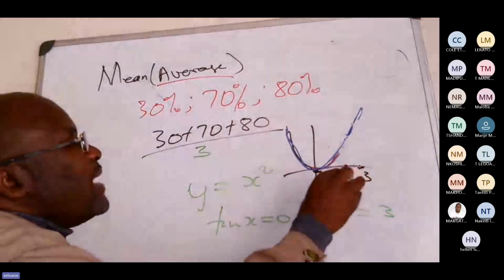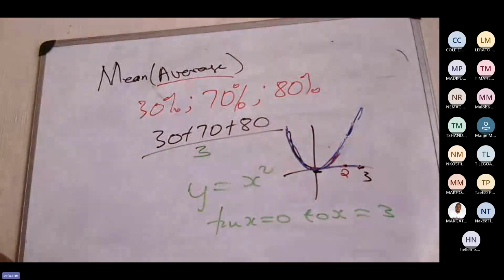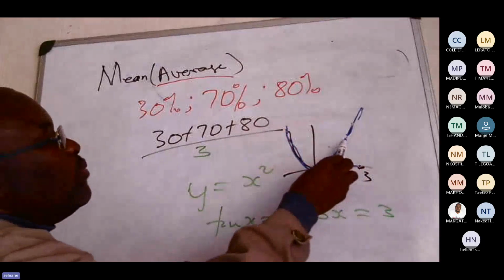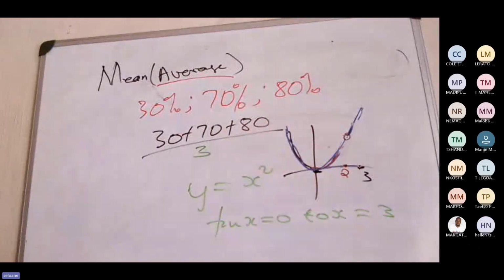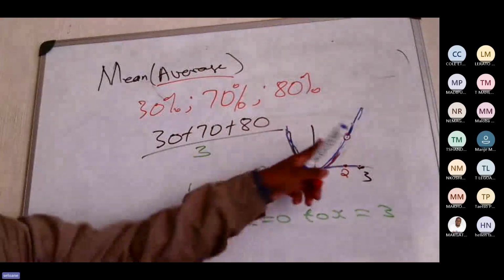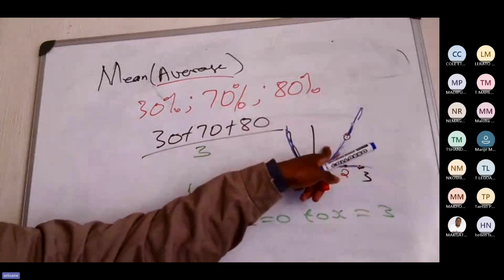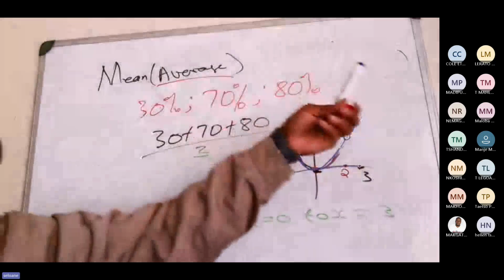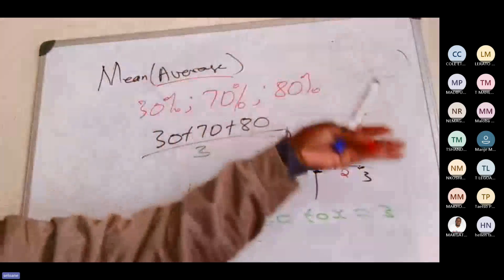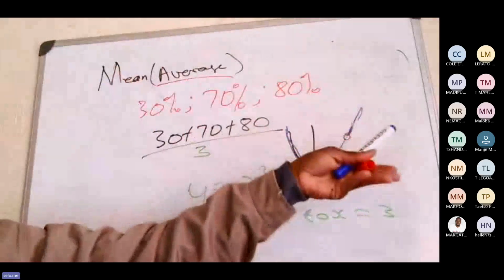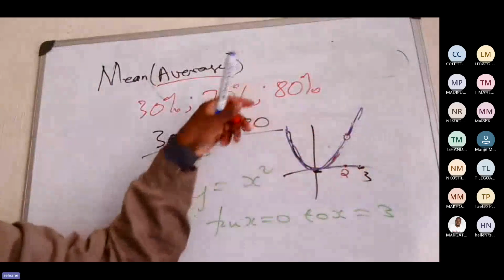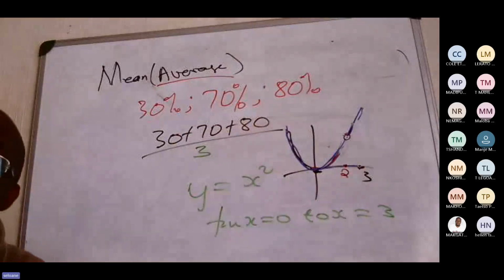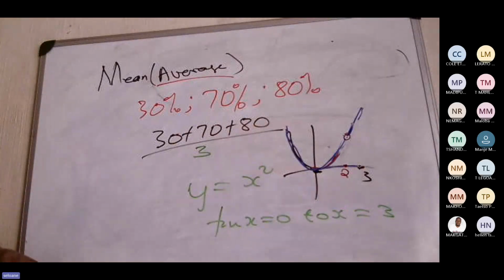Meaning maybe when x is 2, there is no y, and then there will be a gap here. Maybe we can use what? An open circle. And we're not talking about functions like this. In fact, in all what we did with the areas, with the volumes, and with today's topic, we are not talking about functions like this, where there is a jump somewhere.